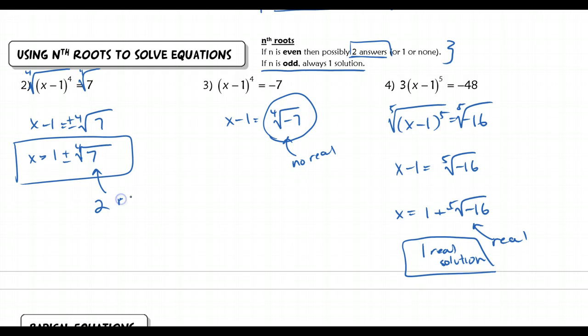We get 2 real roots here. Or you could get 1, and I did talk about the case where you get 1 root, and that's if, again, the inside of this is 0, because then it kind of goes away, and you're left with just the number out in front. Or you could get no solution, which is when you get a case where you have non-real solutions because the inside of your radical is negative.